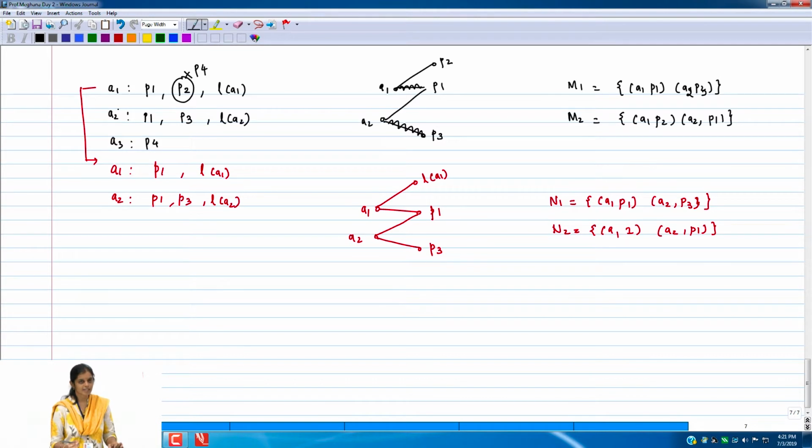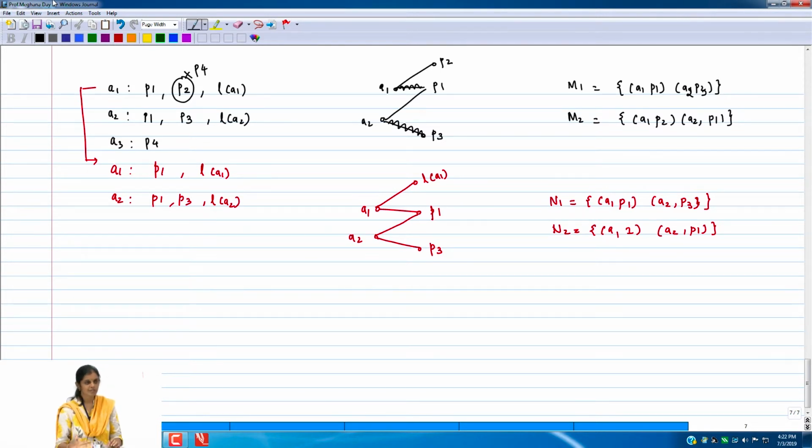So let's try to construct an instance where every popular matching matches it to its F of A. Remember, this is not very different from what was yesterday. If I asked you that every stable matching matches A1 to B1, then you will be able to construct it by just putting B1's first choice also as A1, and then every stable matching must match that pair.